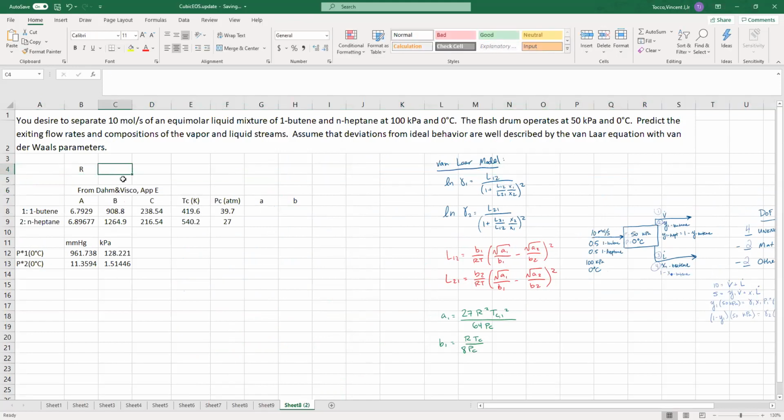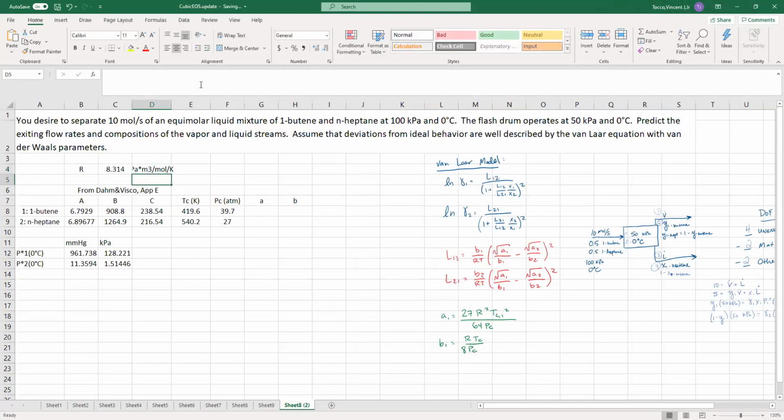R is going to be equal to, what do I want the units of R to be? I've got K atmospheres, K in atmospheres per mole, right? So let's do 8.314, and that is going to be in pascals, meters cubed per mole Kelvin.